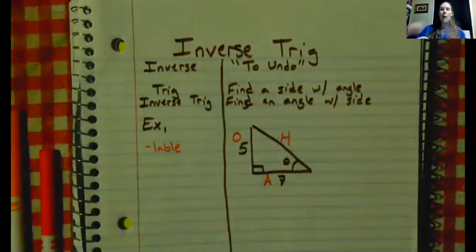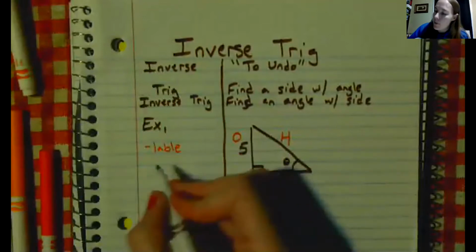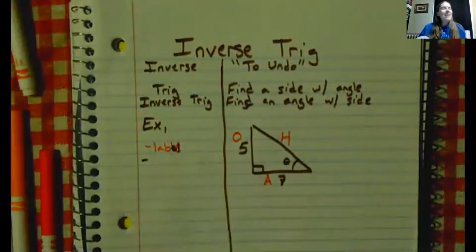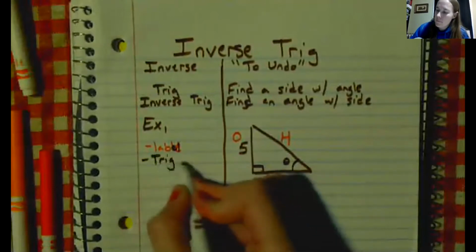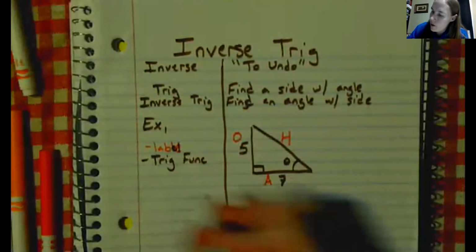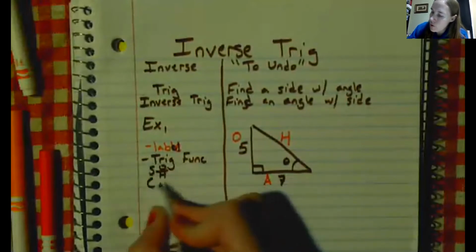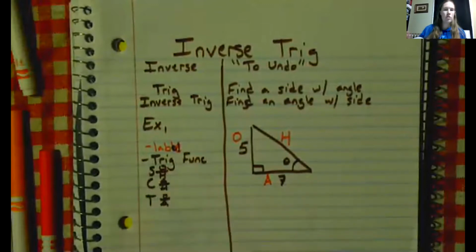So the first thing you always want to do is label. After you label, you can find your trig function. So remember, we have sine, cosine, and tangent, our SOHCAHTOA.